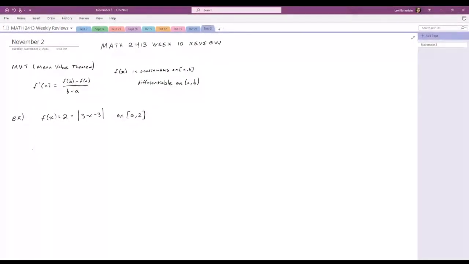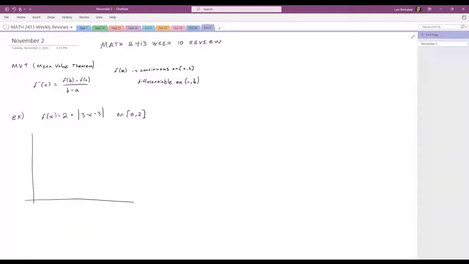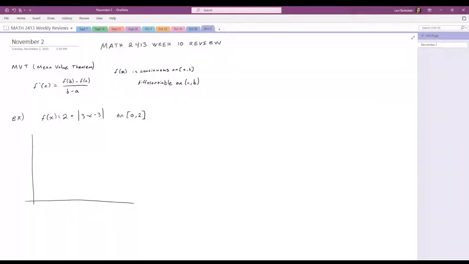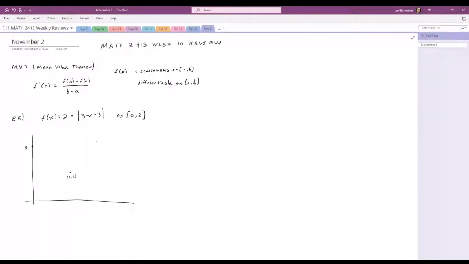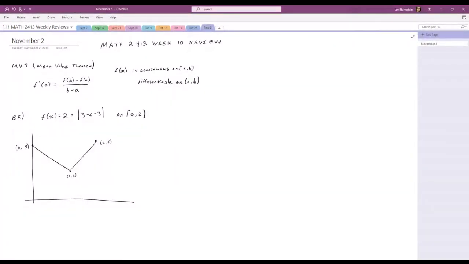Well, if we sketch that out, that's going to look very roughly like this: at 0, this is 5, at 1 we're going to have 2, and at 2 we're going to have 5. And if I could draw better, this would look more symmetric, but this is roughly what this function looks like on our bounds.